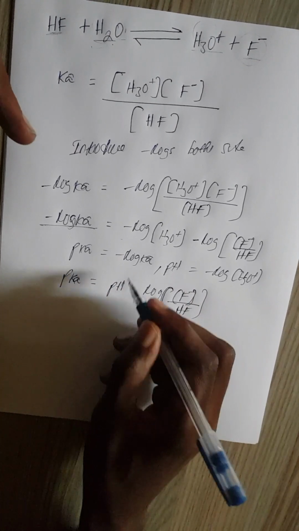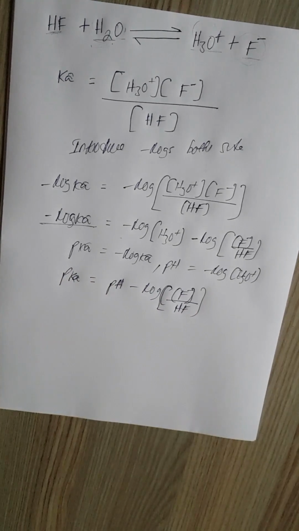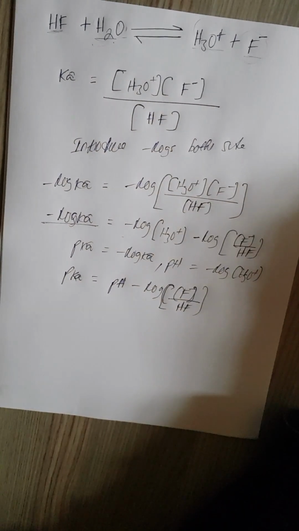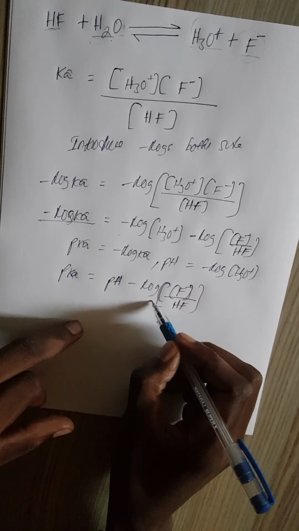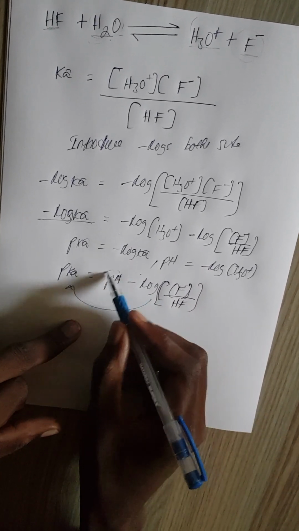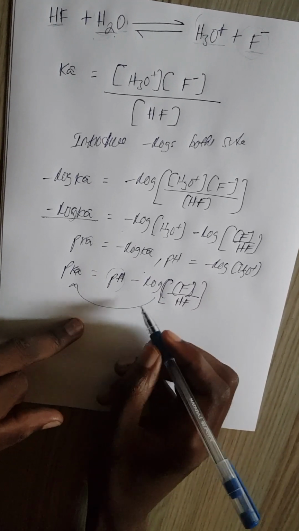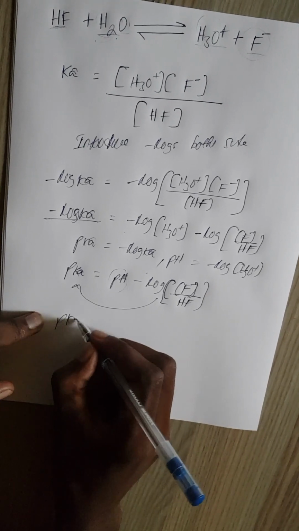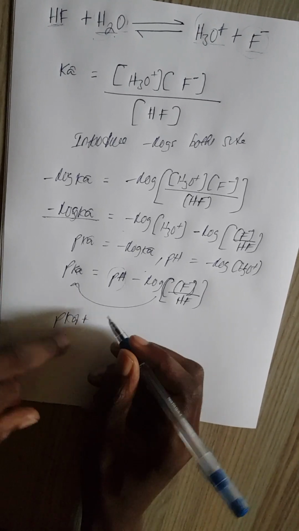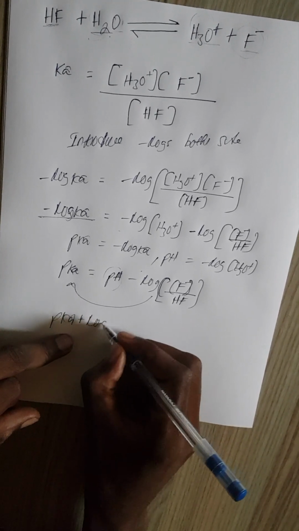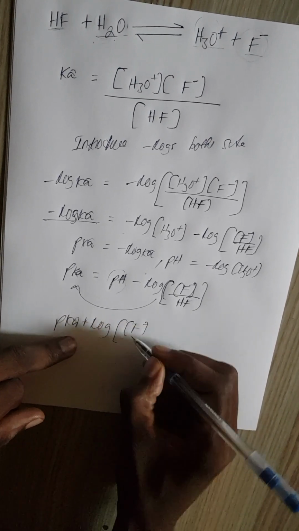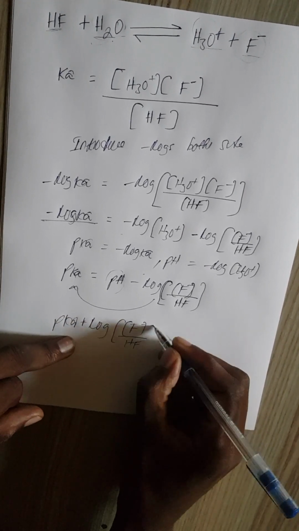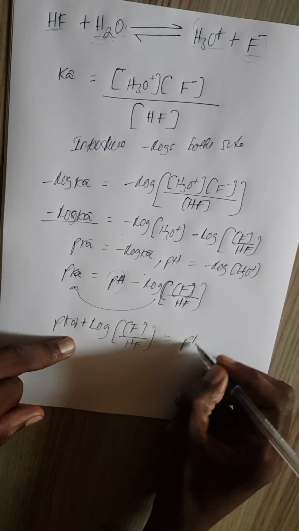Since we're interested in the pH, this equation is used for calculating the pH of buffer solutions. So we're going to take this term to the other side so that we make pH the subject of the formula. So we're going to have pKa plus log of fluoride ion divided by hydrofluoric acid equals pH.